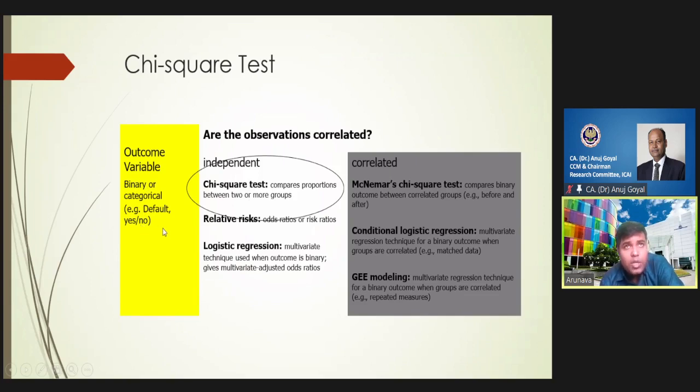Like whether a company is going to go bankrupt or not, or whether there is a chance of credit card default or not. If such binary or categorical variables are there, then we can go for a chi-square test, which compares the proportions between 2 or more groups.